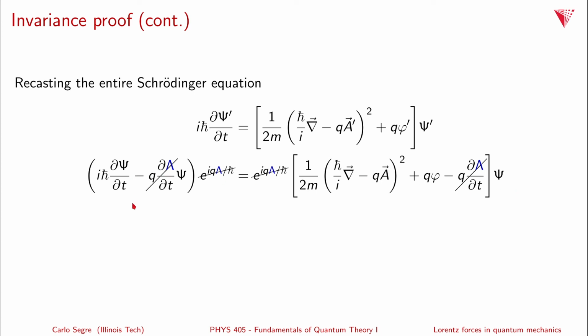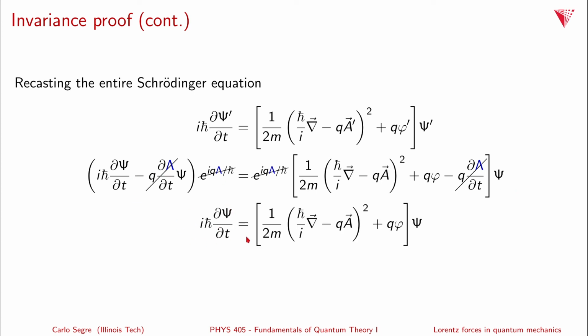And now we're left with iħ ∂ψ/∂t equals 1/2m times this quantity (ħ/i ∇ − qA) squared plus qφ, all applied to ψ. And we recover the original Schrödinger equation.